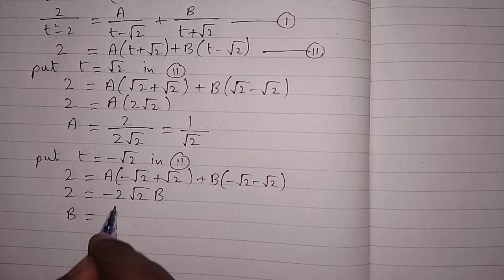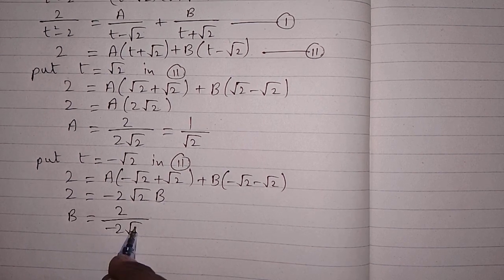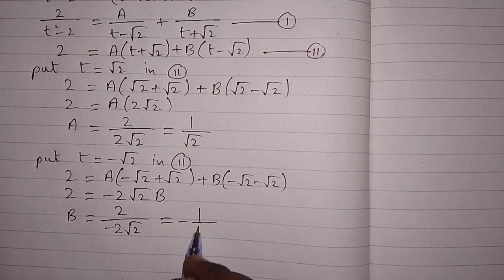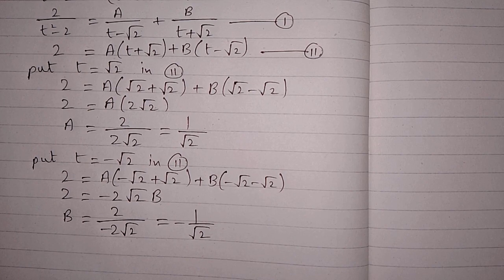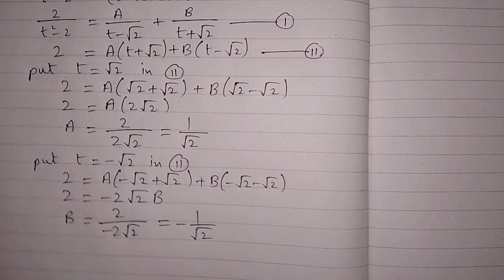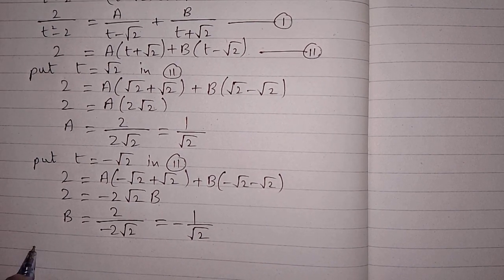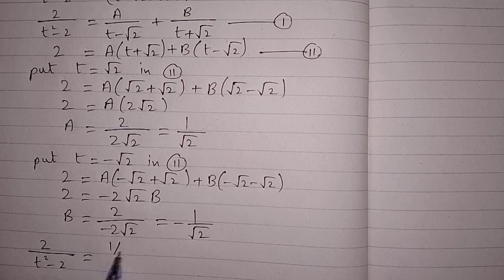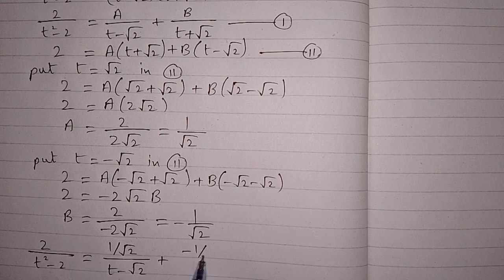So the value of b is 2 upon minus 2 under root 2. So we have minus 1 upon under root 2. Now we put the values of a and b in equation 1. So we have 2 upon t square minus 2 is equal to 1 upon under root 2 upon t minus under root 2 plus minus 1 upon under root 2 upon t plus under root 2.